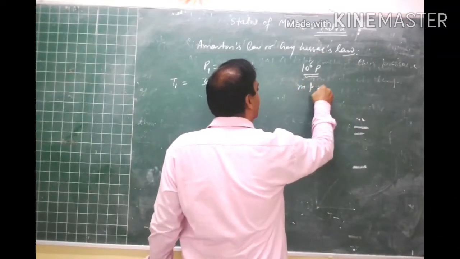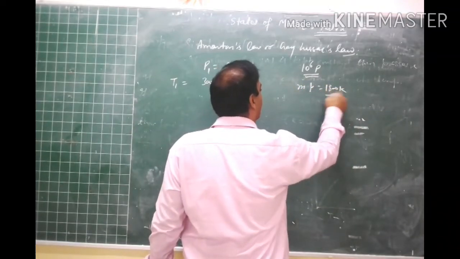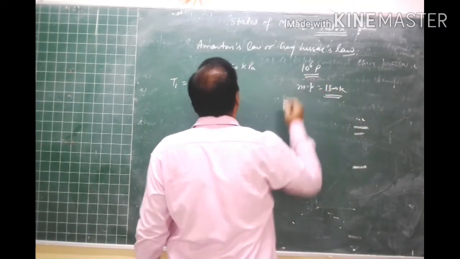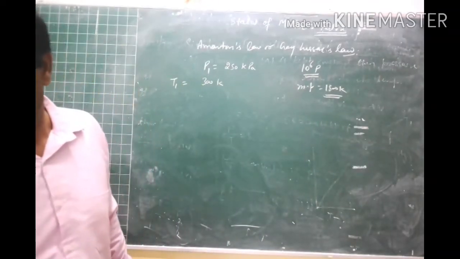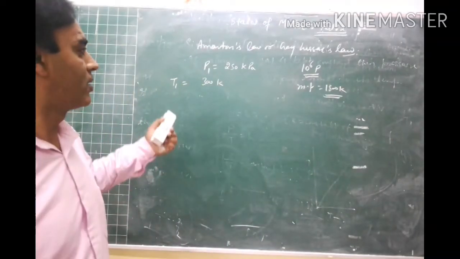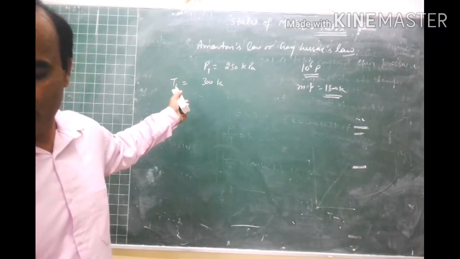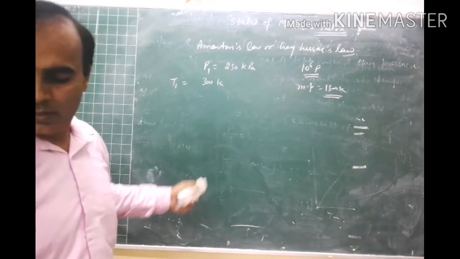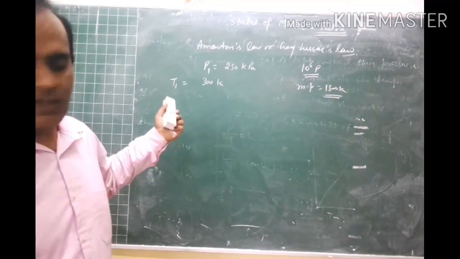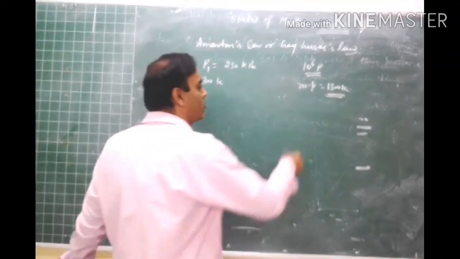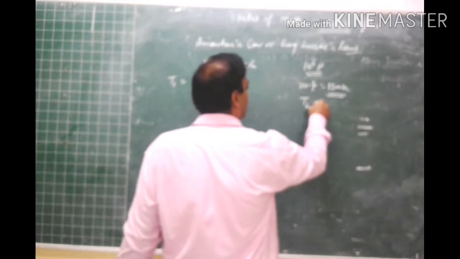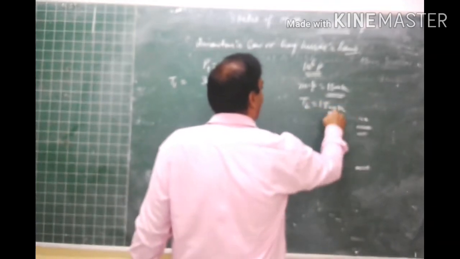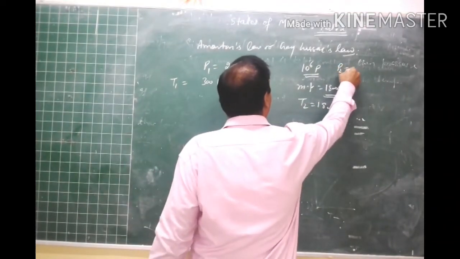So the initial pressure is 250 kilopascal. P2, the final pressure, we have to calculate. T1 is given, and T2 is the final temperature, and the final pressure we have to calculate.